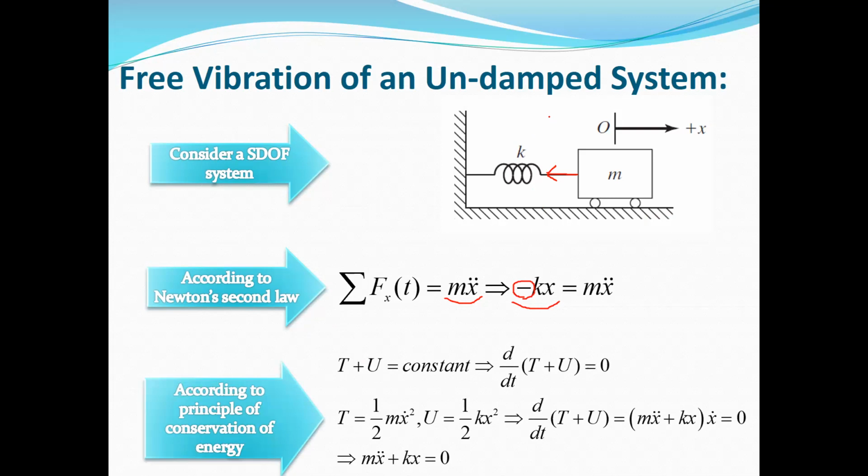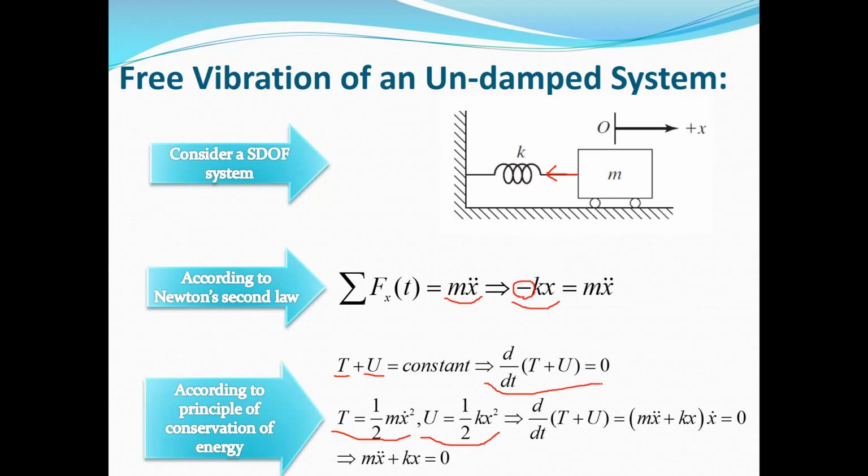We need to obtain the kinetic energy T and the potential energy U. Here we have a spring, so the potential energy will include the potential energy stored in the spring, and it's equal to half kx squared, and the kinetic energy is equal to half mx dot squared, where x dot is the velocity of the mass, and this is considered as a particle. So the kinetic energy is equal to half times the mass times the velocity squared.